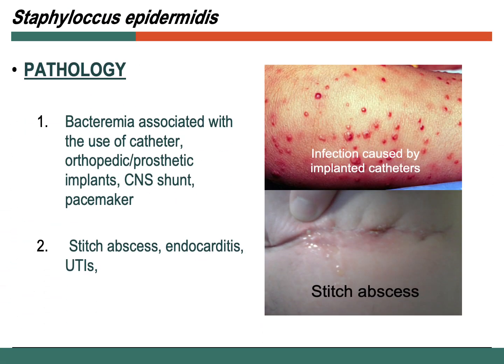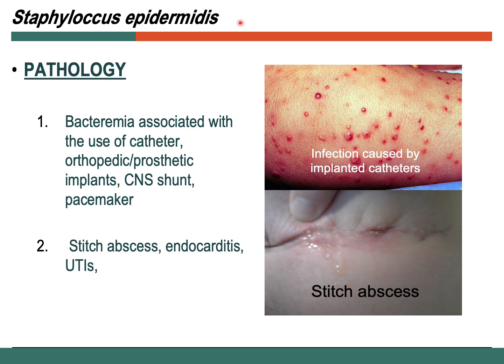So the diseases associated with Staphylococcus epidermidis are bacteremia associated with the use of catheters or orthopedic prosthetic implants, CNS shunts, or pacemakers. So this organism is transferred to humans with the use of devices, because the virulence factor of this organism is usually slime formation or capsule formation.